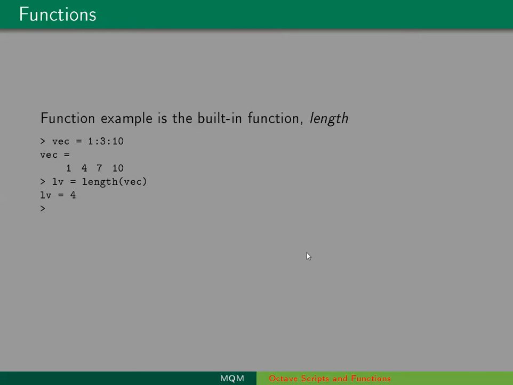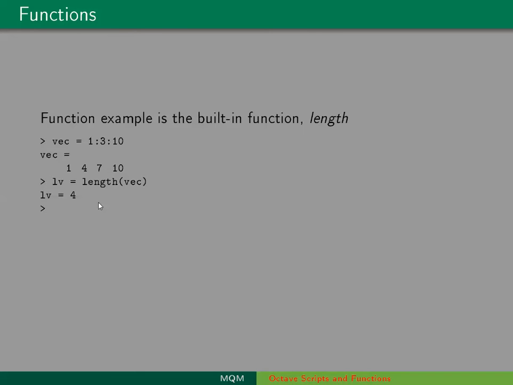Functions are the other type of program, and Octave comes with lots of built-in functions, and you can also create your own functions. We'll study one built-in function as an example and then lead into user-defined functions. This example is the function length.